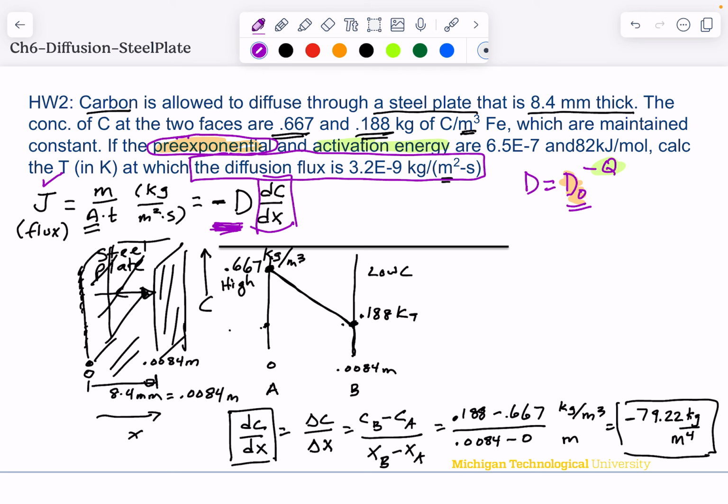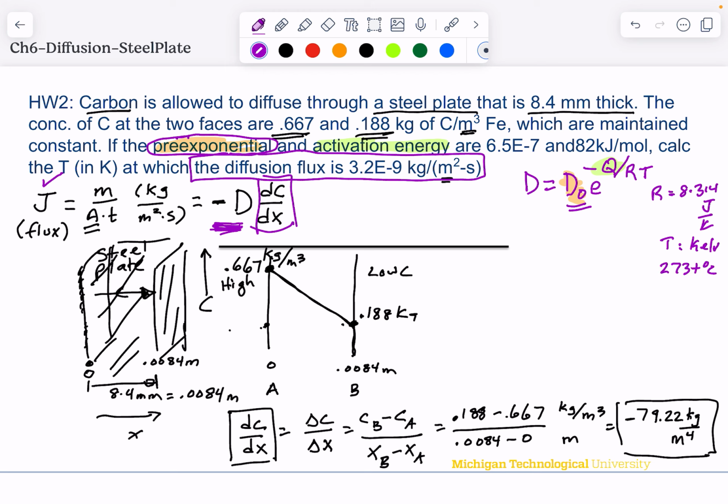All right, so D equals D naught e, or exp, sometimes we say e and then we write it like that. So e to the minus Q over R times T, where R is 8.314 joules per mole Kelvin, and T is in Kelvin, which is equal to 273 plus degrees C, right?